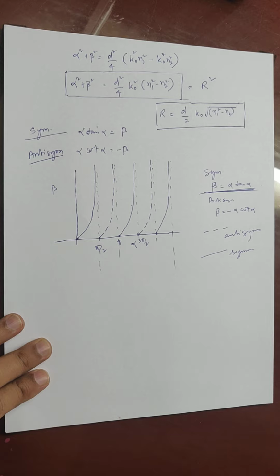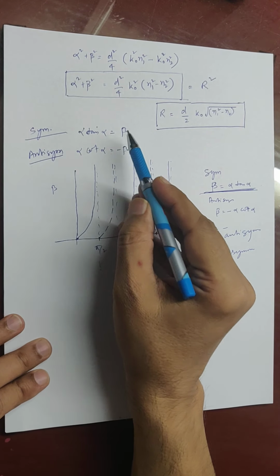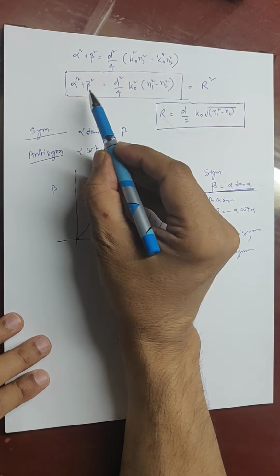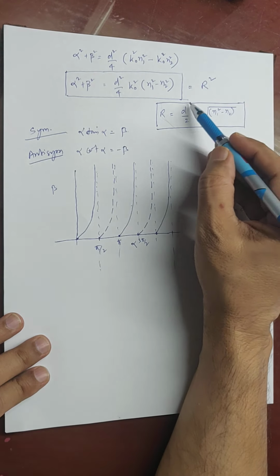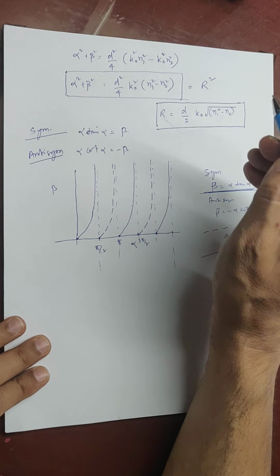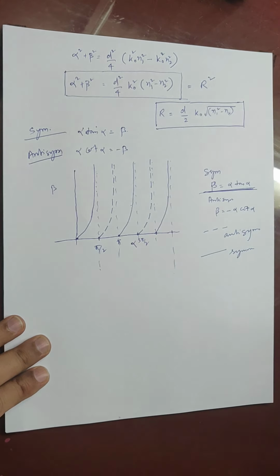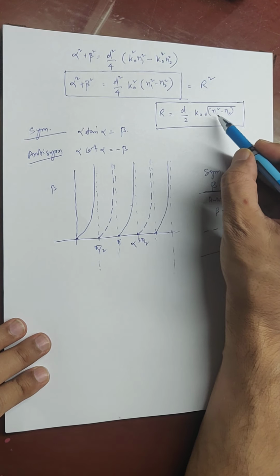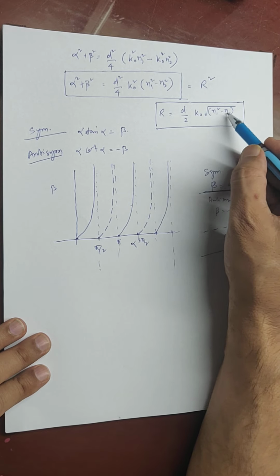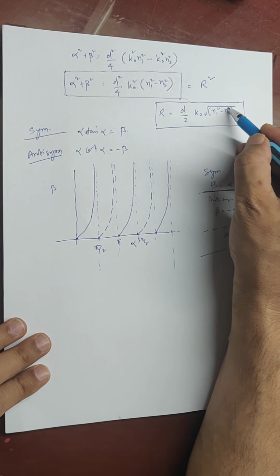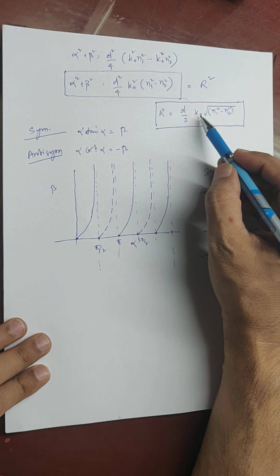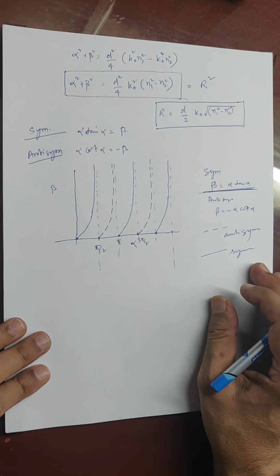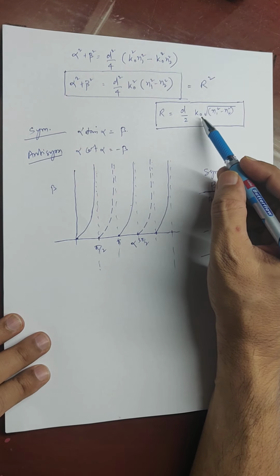So I have drawn alpha tan alpha equal to beta, and I have drawn alpha cot alpha equal to minus beta also. But alpha square plus beta square is a constant for a particular case, because d is the distance between the two boundaries, n1 and n2 are the two refractive indices, and k naught is nothing but the wave number of vacuum of the electromagnetic wave, omega by c basically.